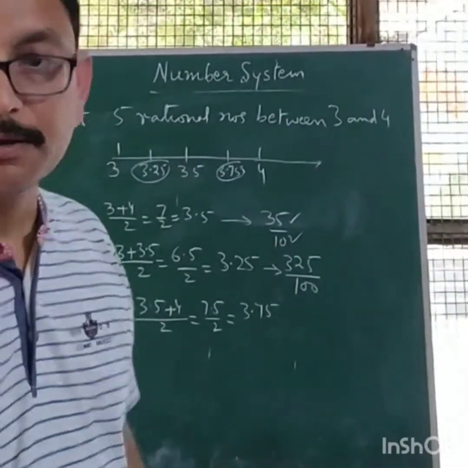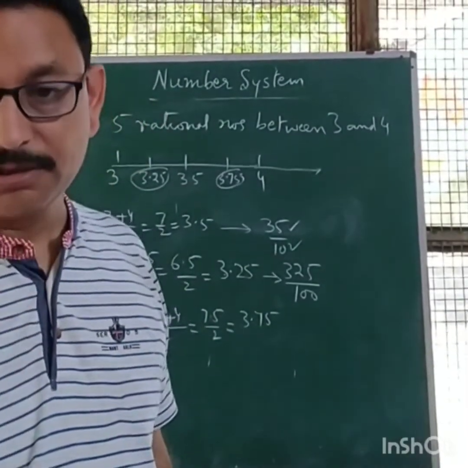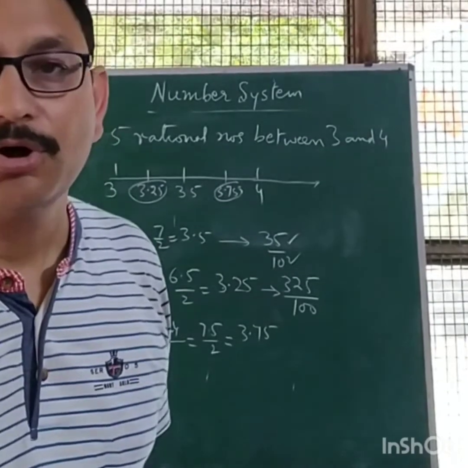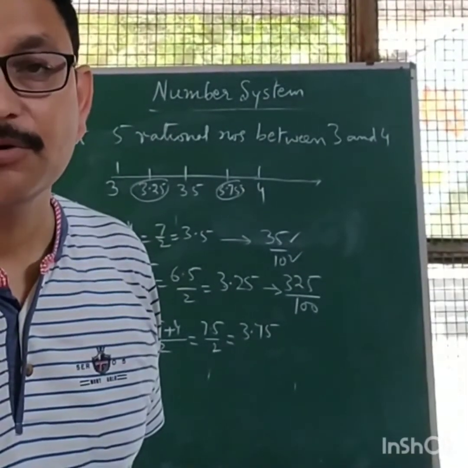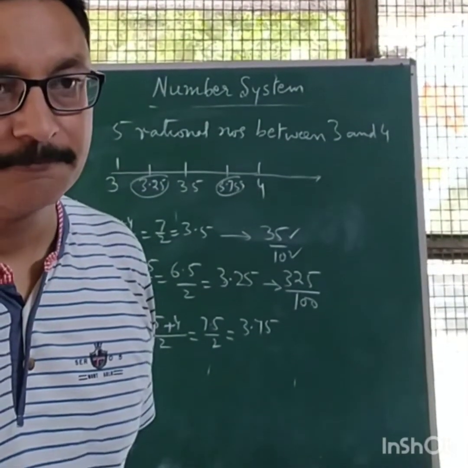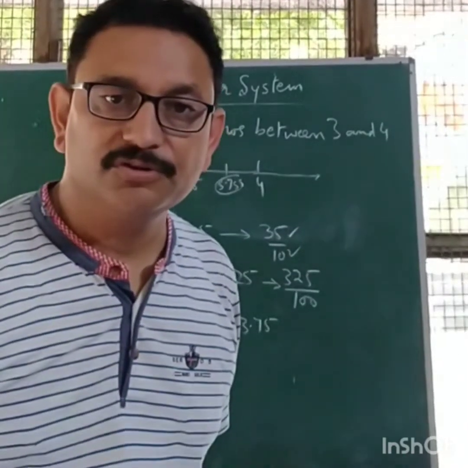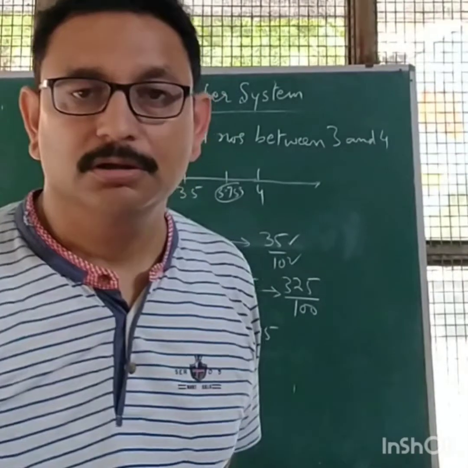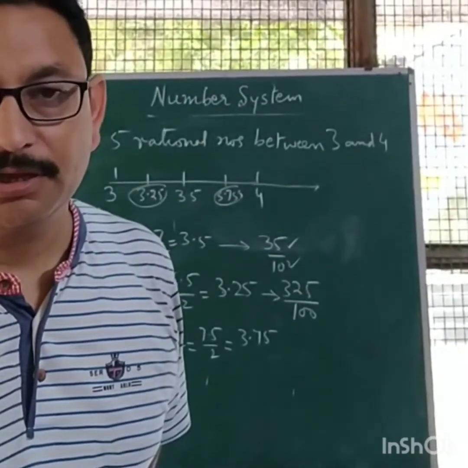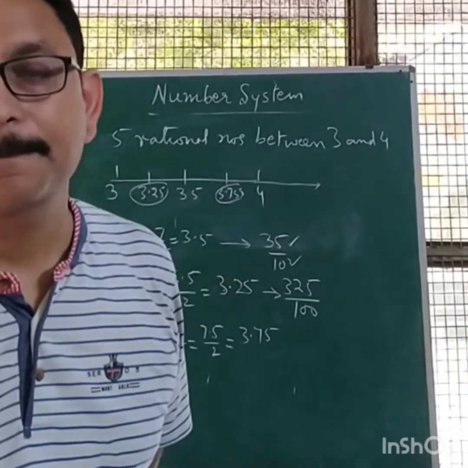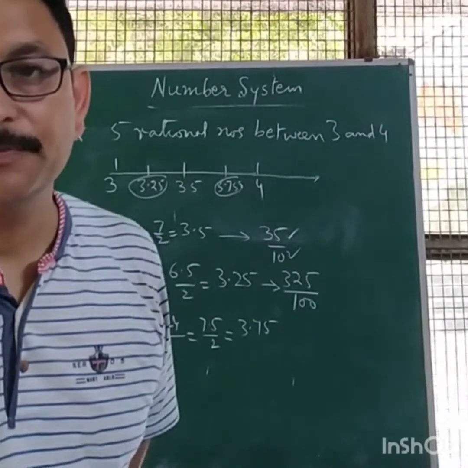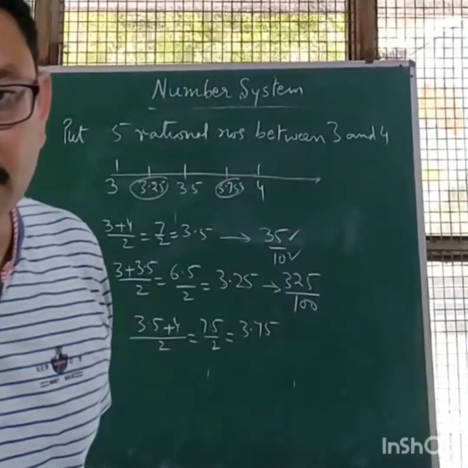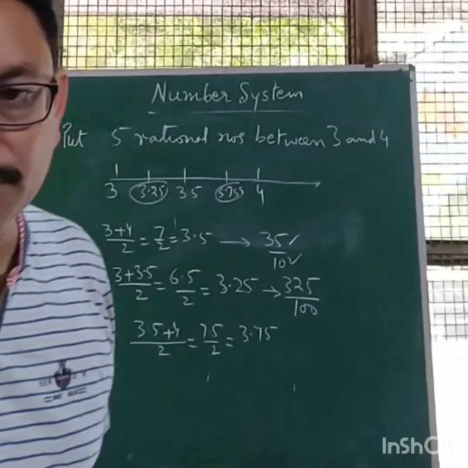Now here we have introduced another type of numbers which are called irrational numbers. Now what are irrational numbers? Those numbers which are not rational, or if we put it in the definition, those numbers which cannot be written in the form of p upon q, where p and q are integers and q is not equal to 0.